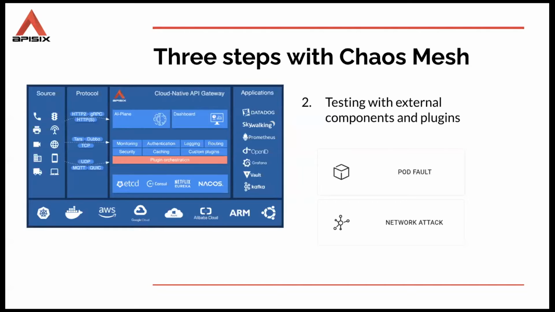So till now, basically what we are trying to do is, we think some places are vulnerable, no matter whether the bug is already found, or we're trying to find some errors between plugins and APISIX itself. We're still doing all the manual jobs.